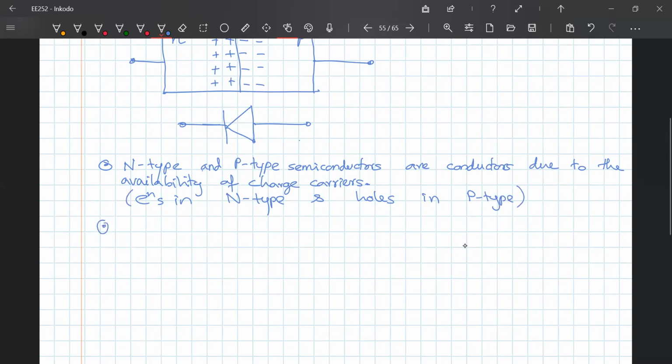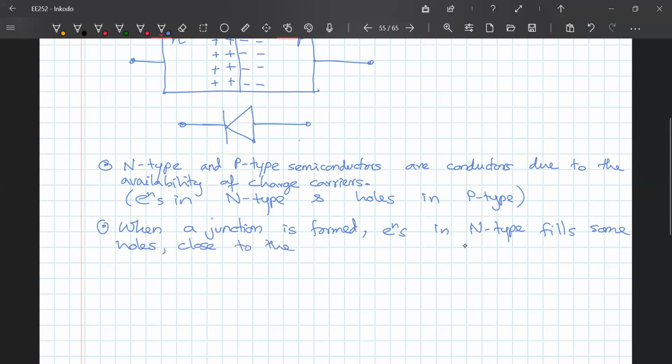But when a junction is formed, electrons in N-type fill some holes close to the junction in P-type.